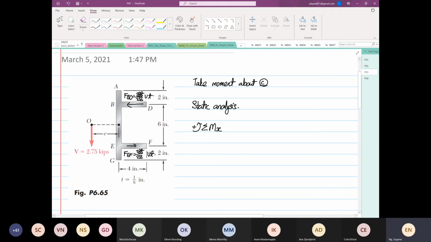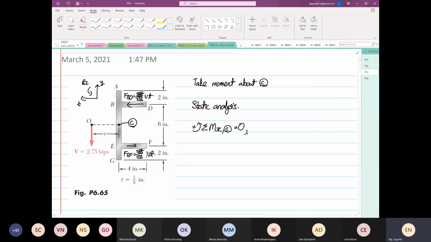If we draw it, this is y, this is z, and this is moment, right-hand rule, rotation about the x direction. We're going to take the moment at point C, and I'm going to label this point C, equal to 0.